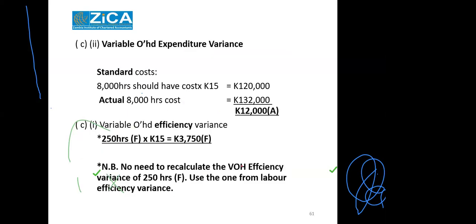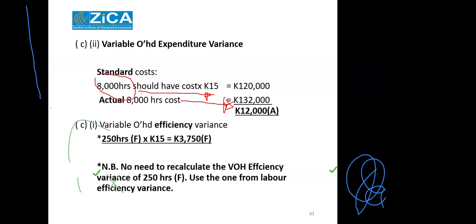So you move to variable overhead expenditure. Again, you say 8,000 hours cost 132 from the actual information. If you had stuck to the standard, the 8,000 hours multiplied by the variable overhead rate per hour of 15 should have cost 120. So you spent more, that's why you have 12,000 adverse.